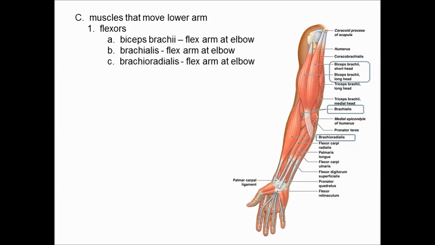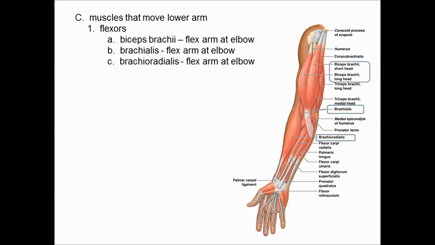The biceps brachii are right here, and you see they have two origins, so hence the term biceps, and they flex the arm at the elbow, which you can easily see how they do if you just looked at the biceps. And the brachialis does the same thing. It's a synergist.